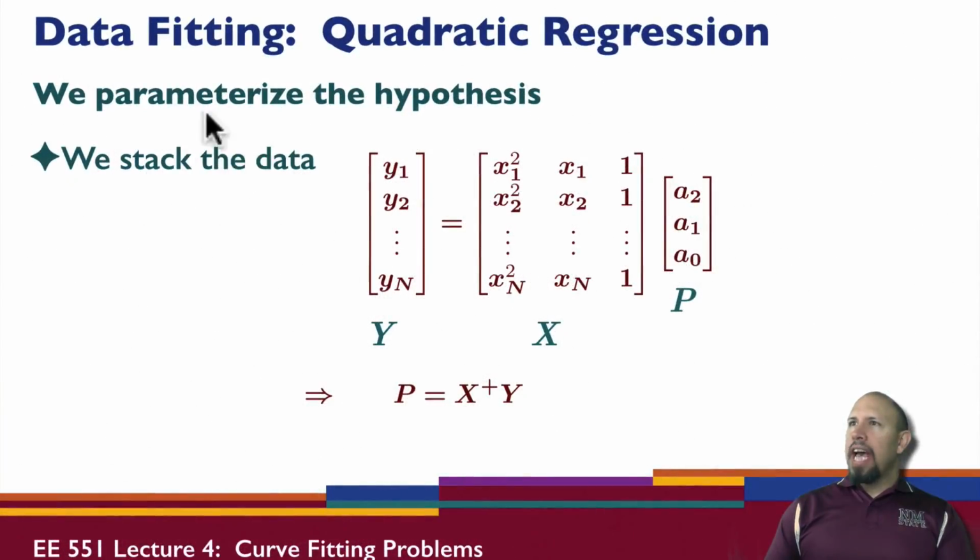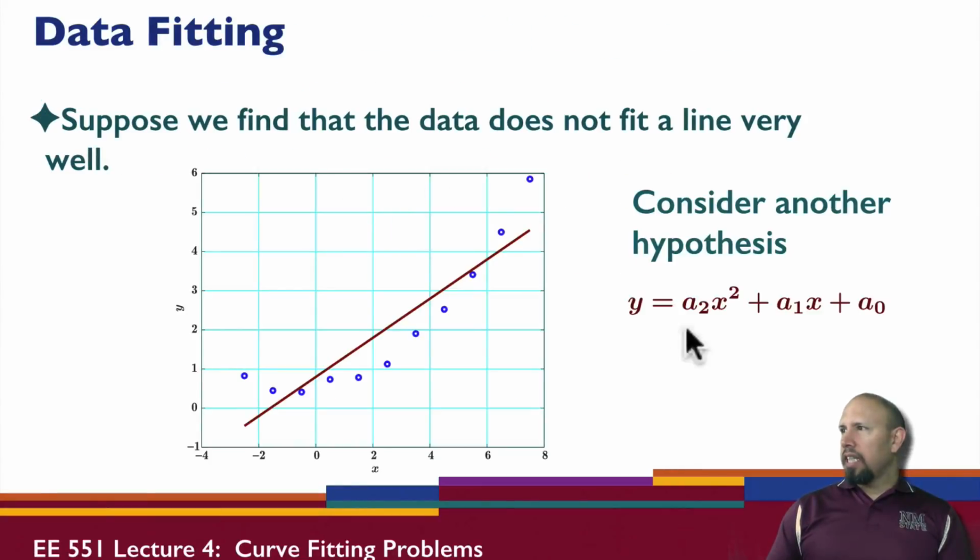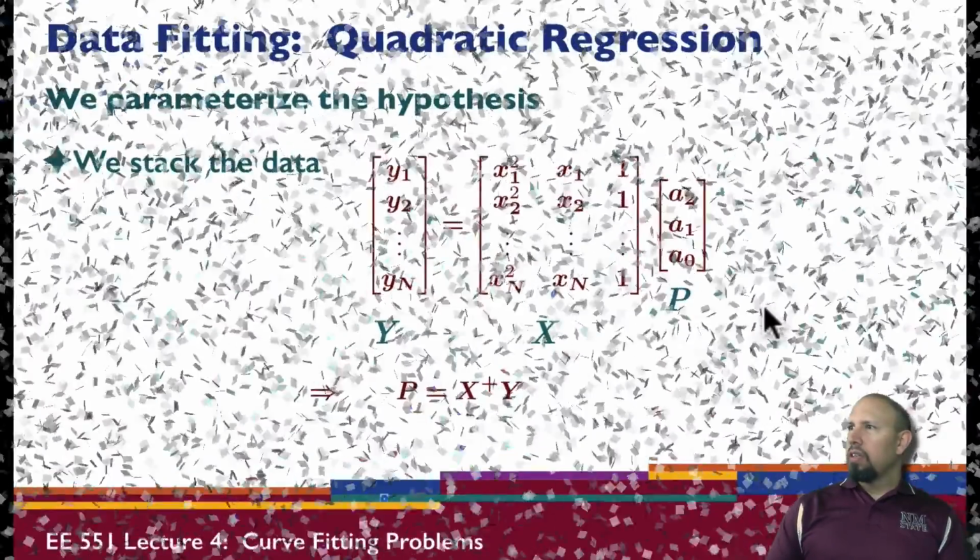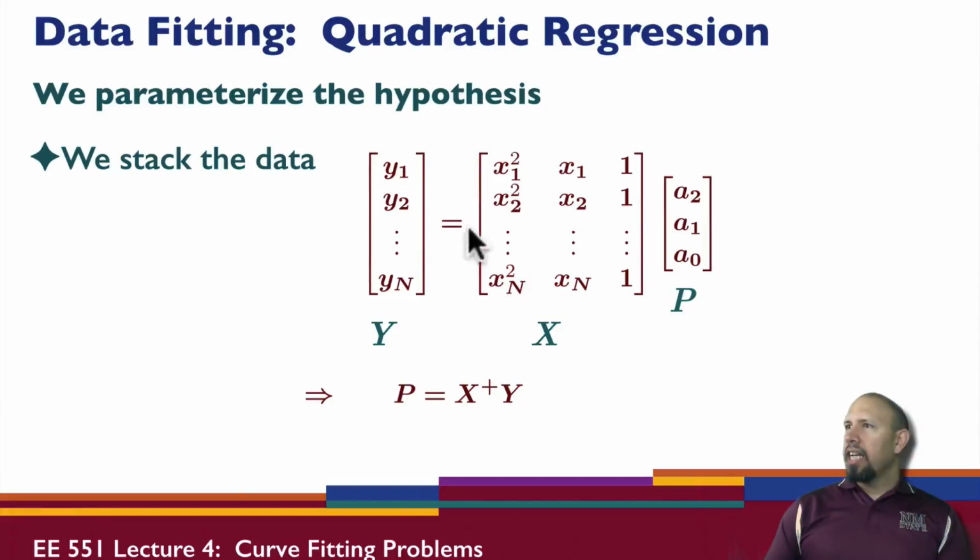Then we again parameterize the hypothesis and stack the data. So we would say y is equal to x1 squared a2 plus x1 a1 plus a0. And again, that's basically this equation for each data value. So again we have y is equal to x p.